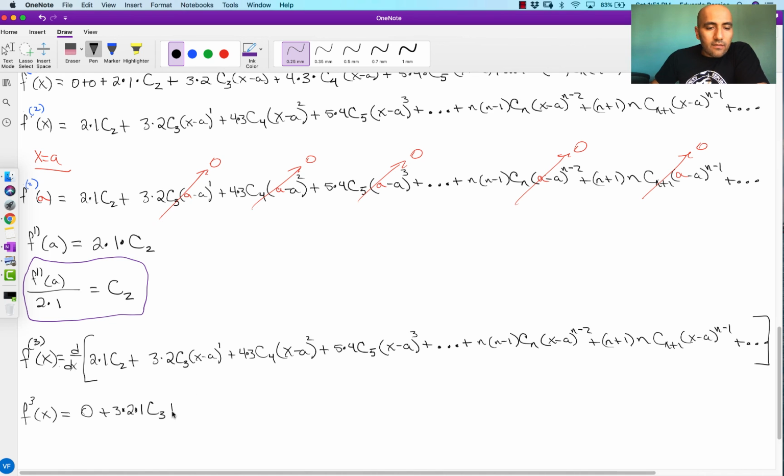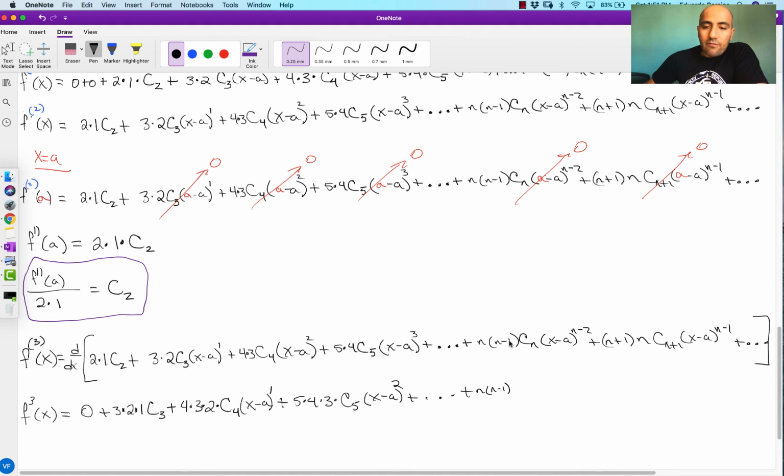And then the next one here is going to be a 4 times a 3 times the 2 that you bring in front, and then subtract 1 from there. So we end up with 4 times 3 times 2 times c sub 4 times x minus a to the power of 1, plus, and now 5 times 4 times 3 times c sub 5 times x minus a to the power of 2, plus dot dot dot, and then out of the nth term, we had an n minus 1.